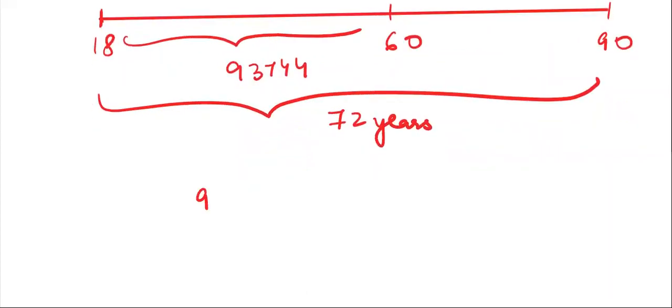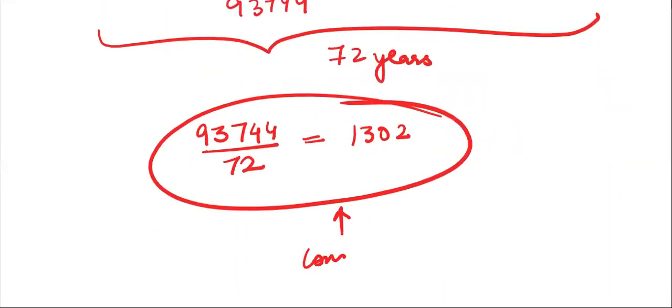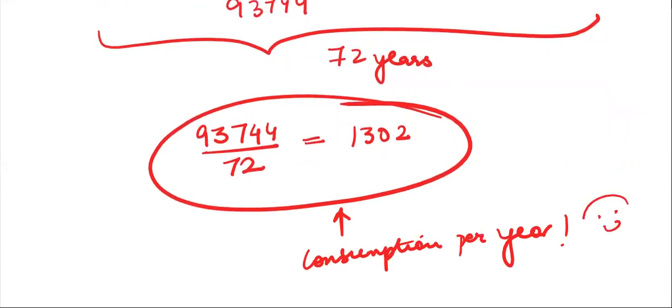So per year consumption will be 93744 divided by 72, which would be 1302. So this becomes my consumption per year. Okay, great. Thank you.